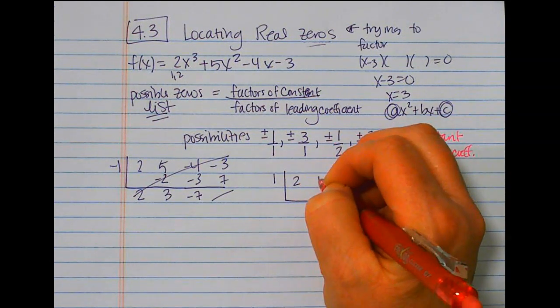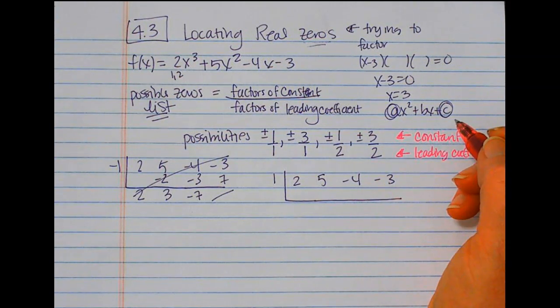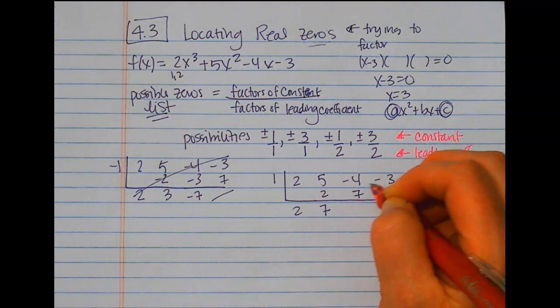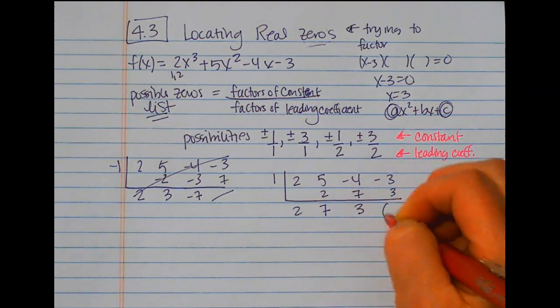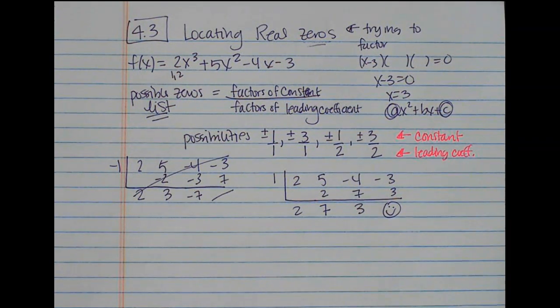So that'll be 2, 5, -4, -3, but now we try 1. And we got 0, and I put 0 on mine. So if it goes in evenly, it's a factor, right?